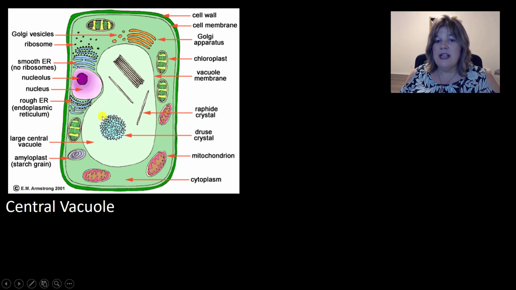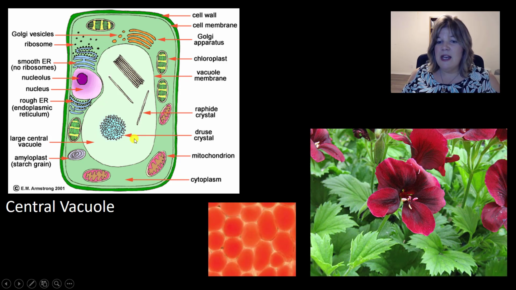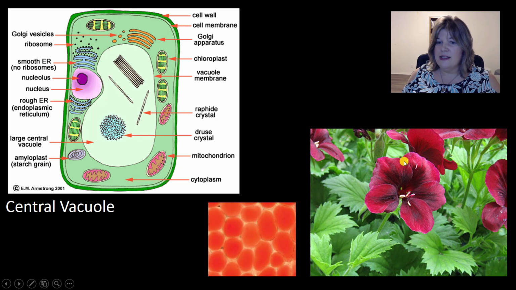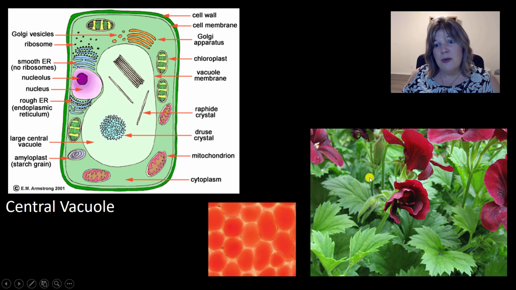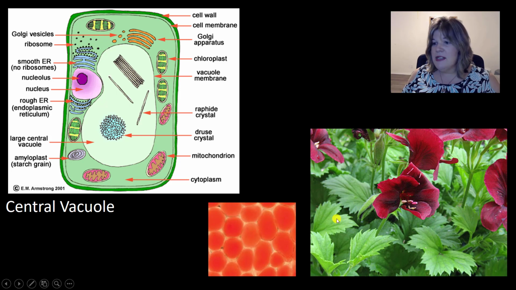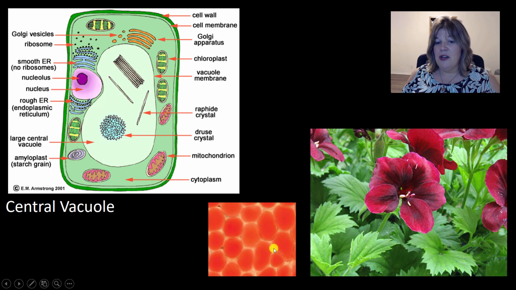It is critical for cell enlargement compared to animal cells, which are required to build another cell to grow. For example, as flower buds open, petals expand from tiny to full-sized in just a few hours by simply enlarging their vacuoles. The pigments of these flowers can also be in the vacuole.